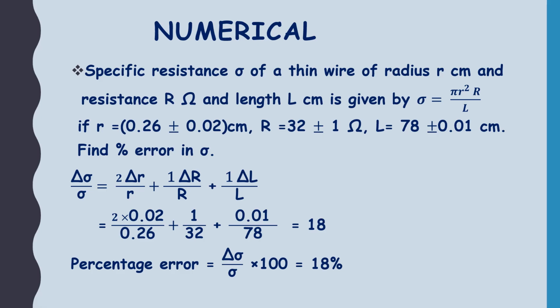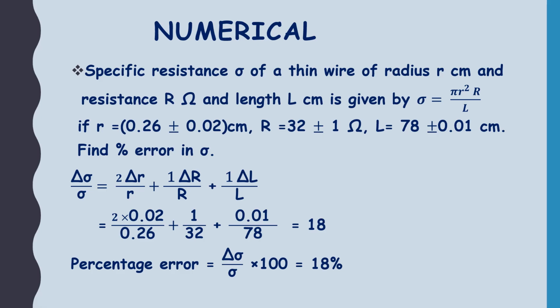The example is: specific resistance sigma of a thin wire of radius r centimeter, resistance capital R ohm and length L in centimeter is given by sigma is equal to pi r square into capital R divided by L. Here the observed value of r is equal to 0.26 plus minus 0.02.